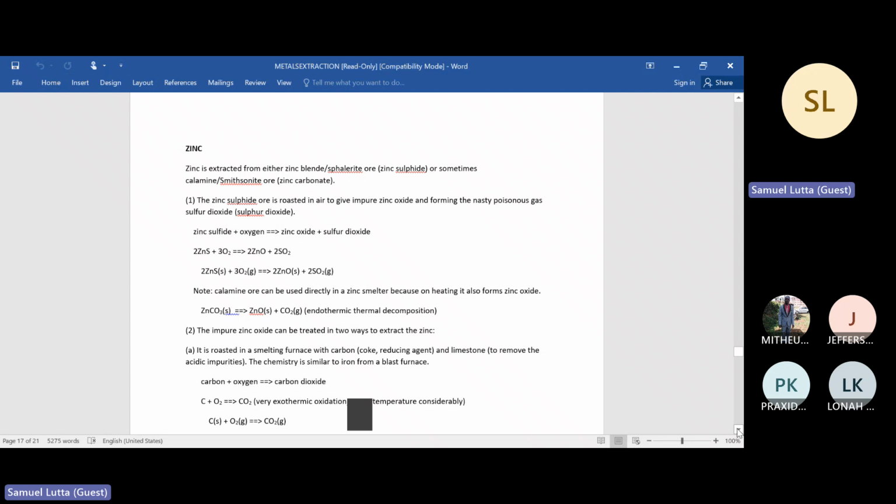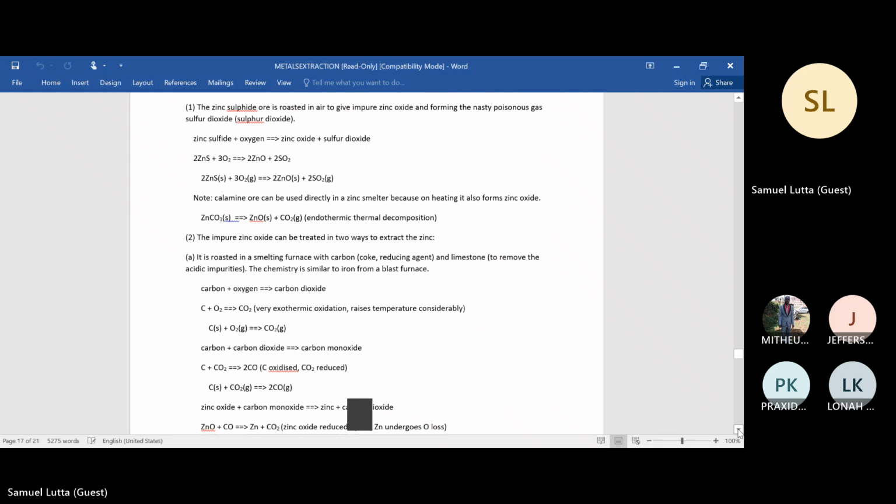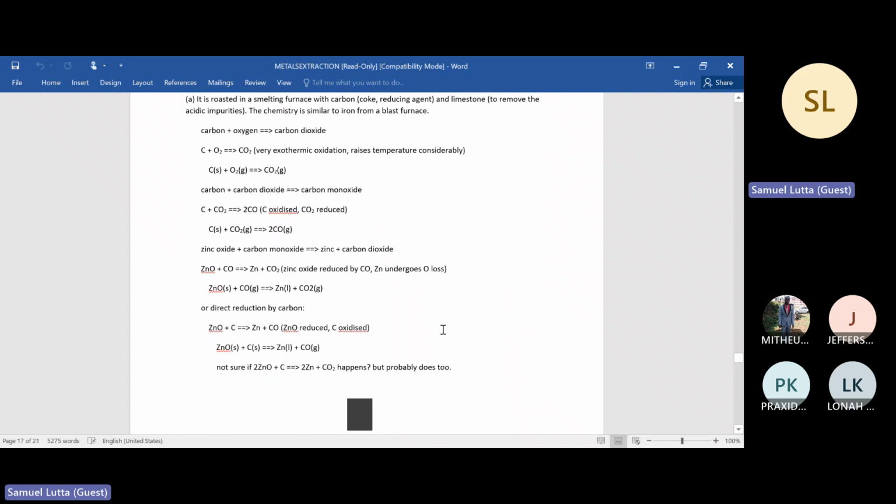And then once you have gotten the zinc oxide, you can now reduce it just like we saw in the blast furnace. Carbon can react with oxygen to form carbon dioxide, and then the carbon dioxide can react with carbon to form carbon monoxide. These are the products that can now reduce your oxide into the metal.